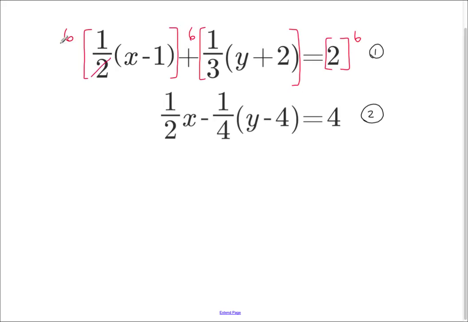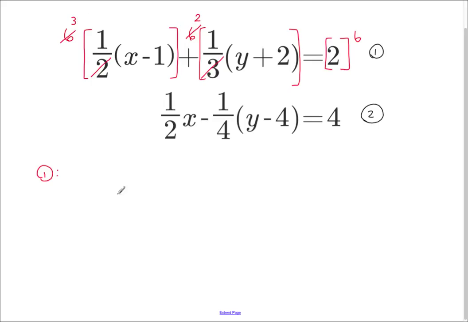This 2 goes into the 6, and I'm left with a 3. This 3 goes into the 6, and I'm left with a 2. And then over here, there's no division because there's no denominator. So this side is just going to be 2 times 6. So what I'm going to get down here, and we're going to do a bit of simplifying, is 3 times 1, which gives me 3, and then I have to multiply that 3 into this bracket, but I'm going to do that in a couple of steps.